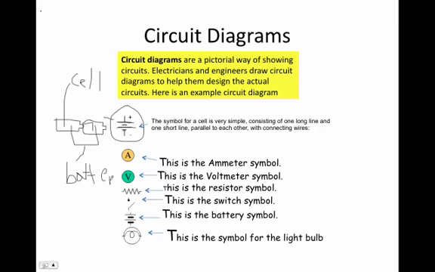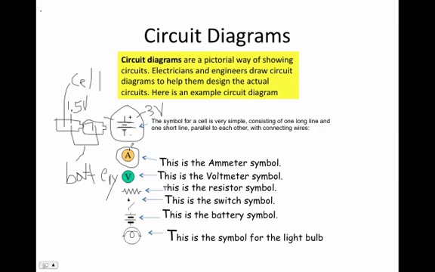Also, in normal everyday circumstances, usually each electrochemical cell is 1.5 volts. So if you had a plus and a minus, that's 1.5, and then another long line, which is the plus and a minus, this would be a combination of 3 volts.